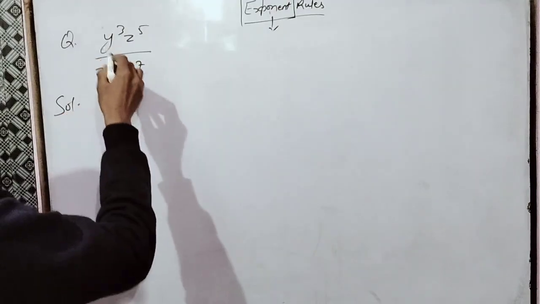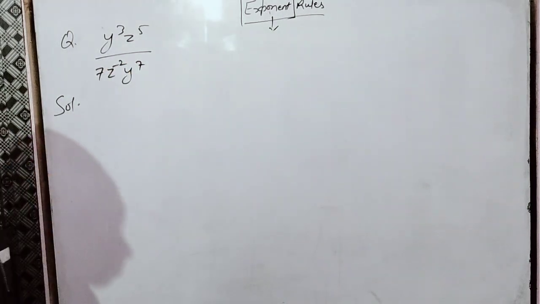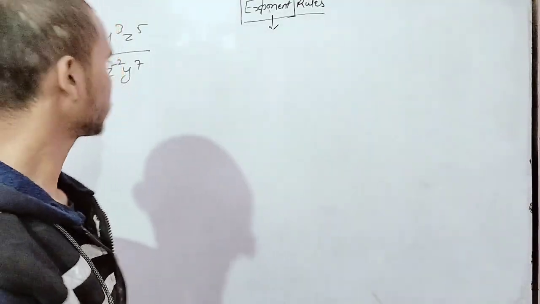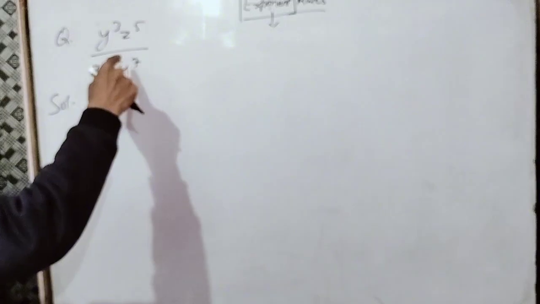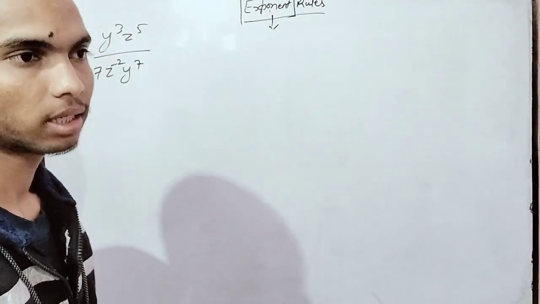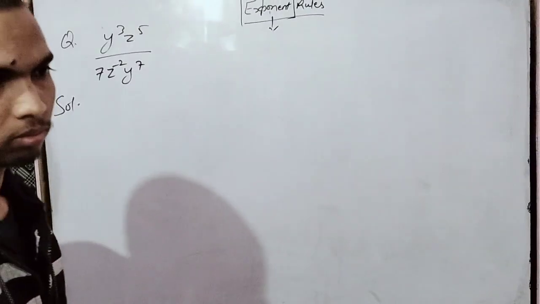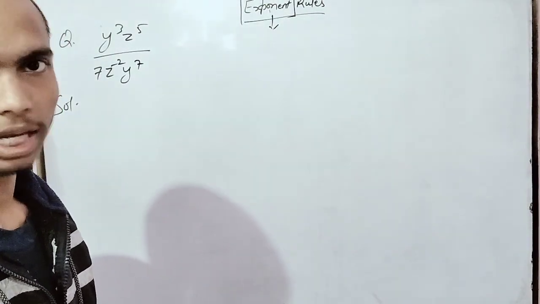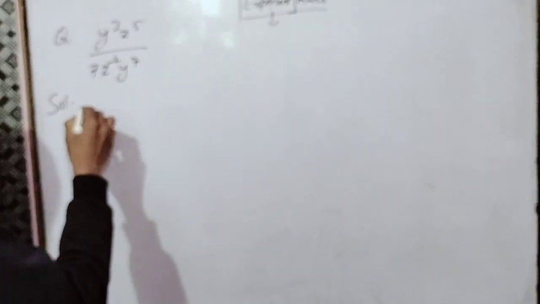Here, just have a look. We have this problem. So here y is the same, so here we are looking that we can apply the quotient rule. Similarly here, z is the same in division. So we can apply the quotient rule.